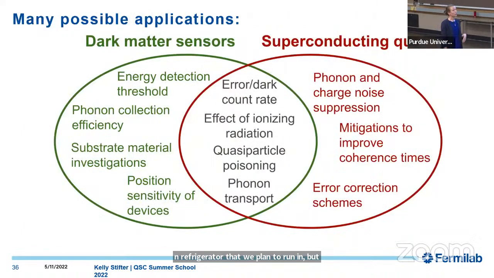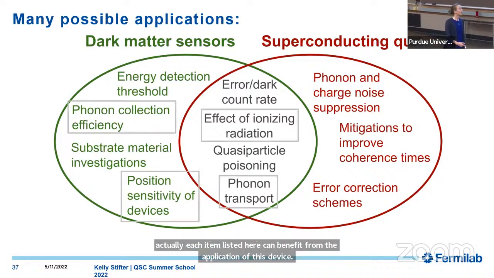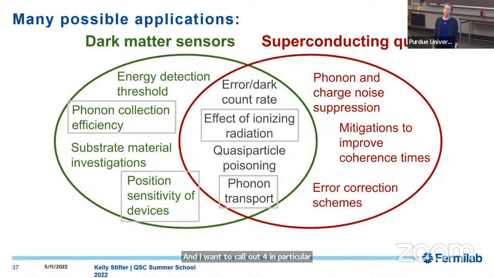But looking forward, once we ensure that this device works, there are many possible science applications that this device can help with. I show you this picture again because each item listed here can benefit from the application of this device. I want to call out 4 in particular because these are the 4 that we expect to be working on at Fermilab in the near term.